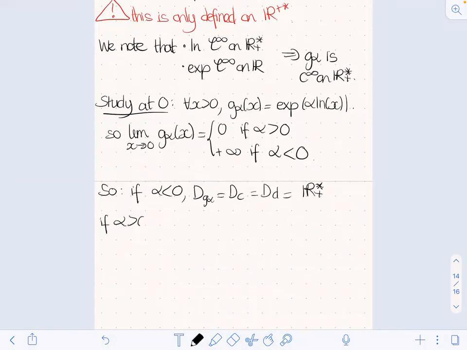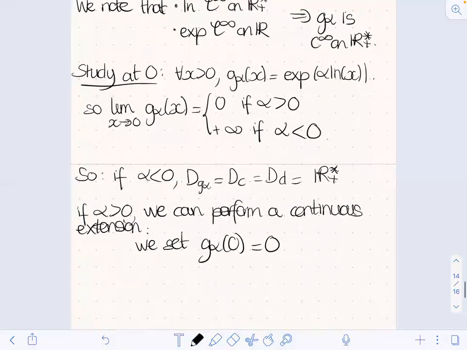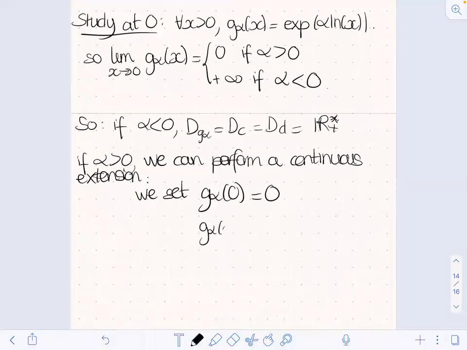If alpha is positive, we can perform what's called a continuous extension. So we set G alpha of 0 equal to 0. Okay, that's something that we define. And we set G alpha of x equal to exponential of alpha logarithm of x for x strictly positive.